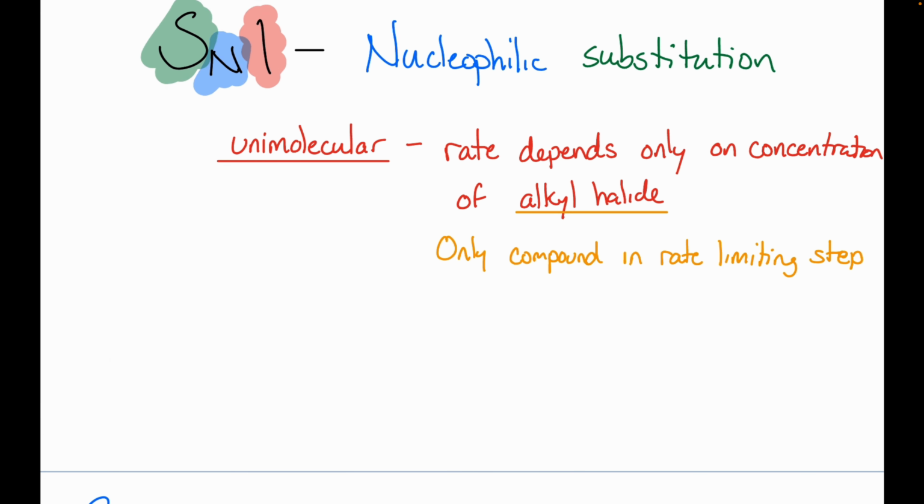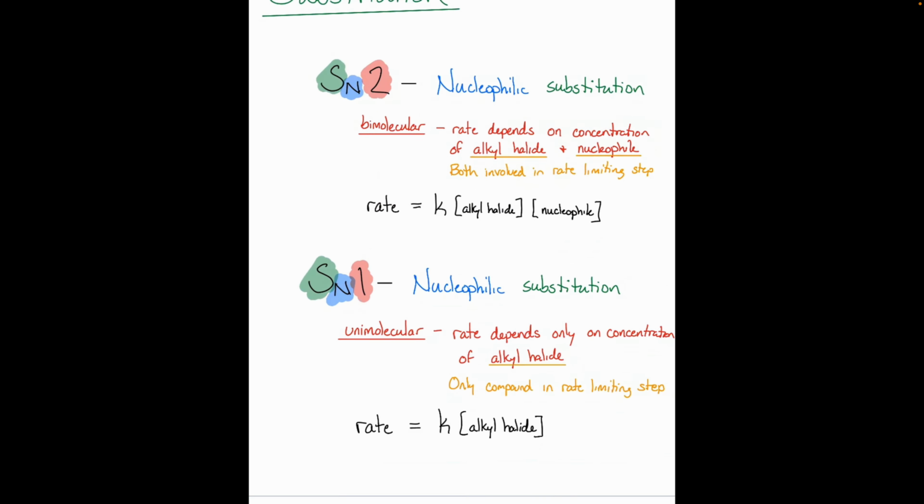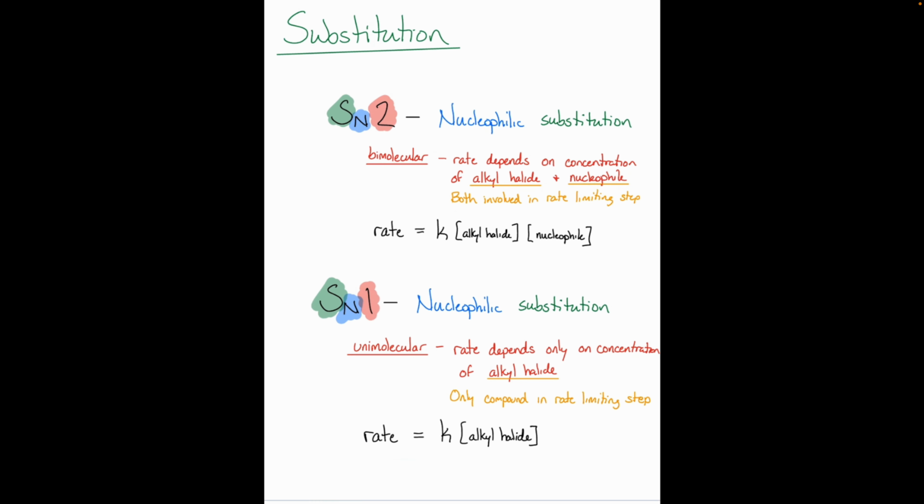Unimolecular only depends on the concentration of our alkyl halide. So again, if we were going to write our rate law, the rate is equal to some constant k, but now only times the concentration of that alkyl halide. So we have these substitution reactions that we're going to discuss, and we're lumping them into two camps.